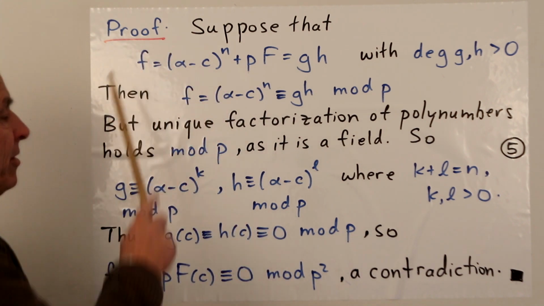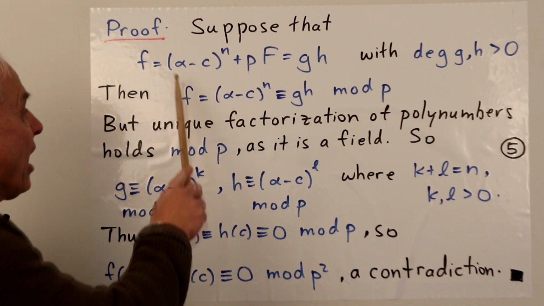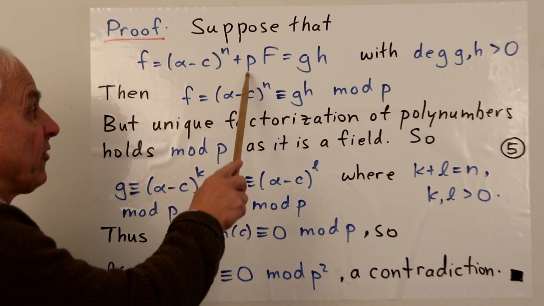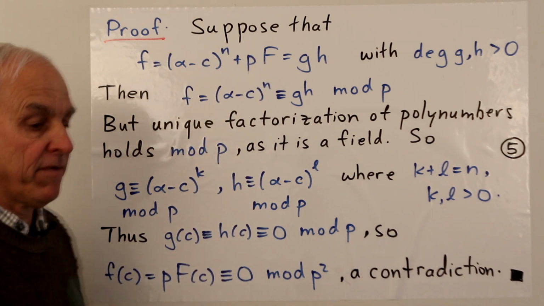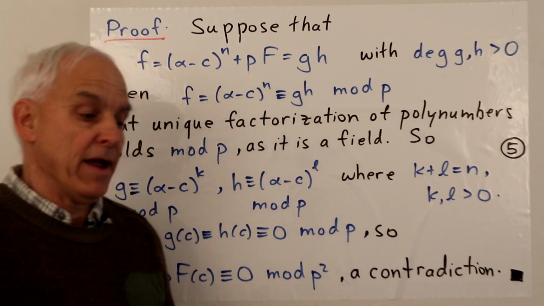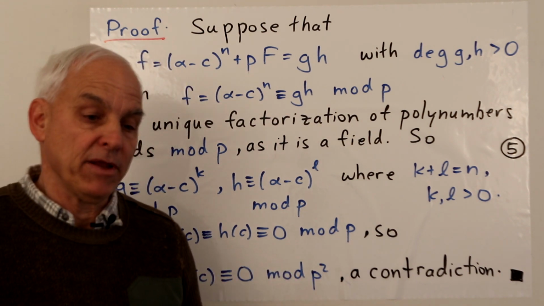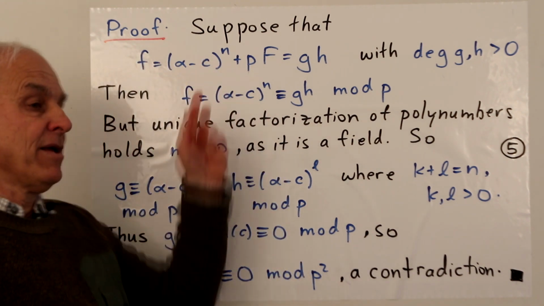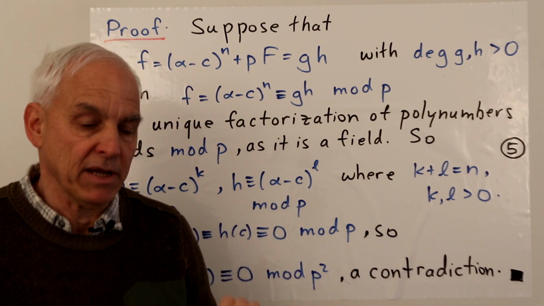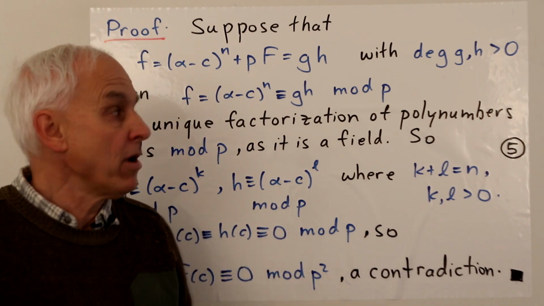Suppose that our polynumber f can be written as alpha minus c to the n plus p times capital F, where p is a prime and capital F has this property that F of c is not divisible by p, in other words, not congruent to 0 mod p.